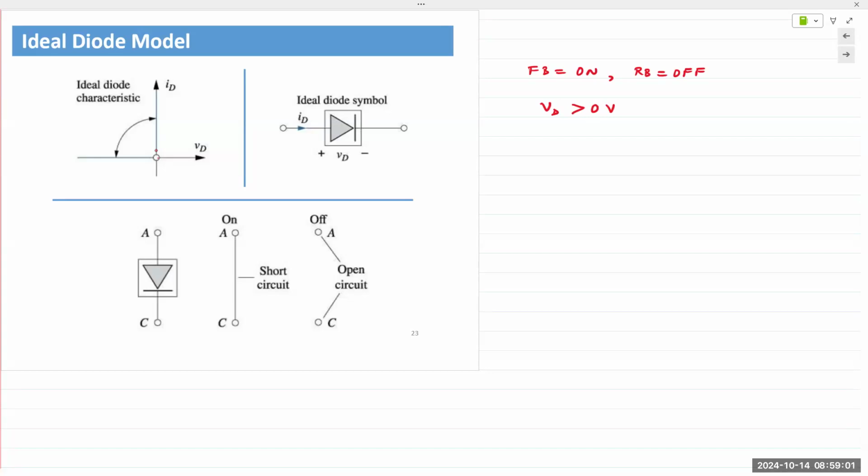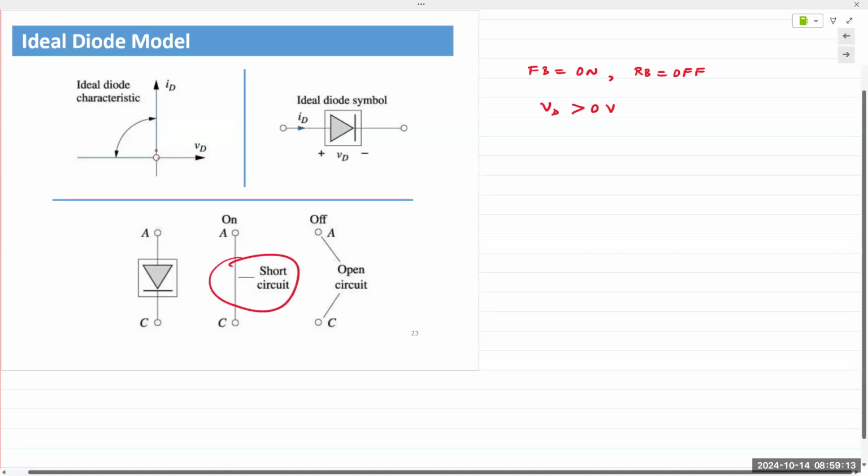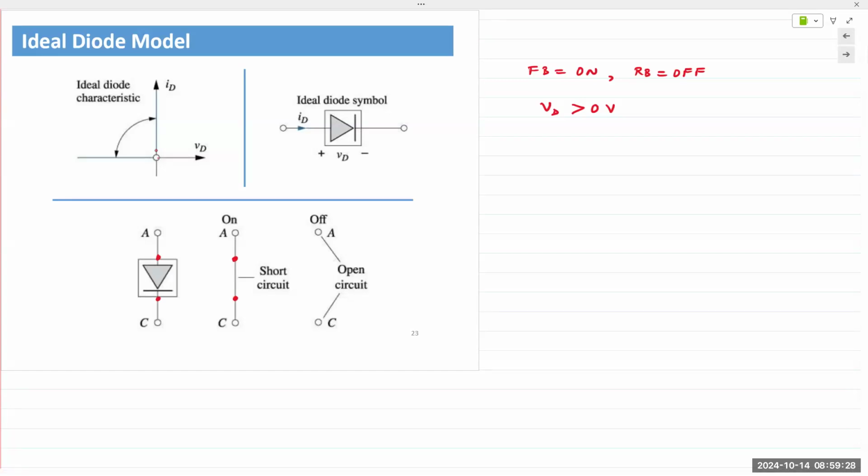So if you apply a voltage to the diode that is slightly larger than 0, the diode is on. When the diode is on, we replace it with a short circuit. So let's mark out the points right here. It behaves like a short circuit. And when it's off, it behaves like an open circuit.